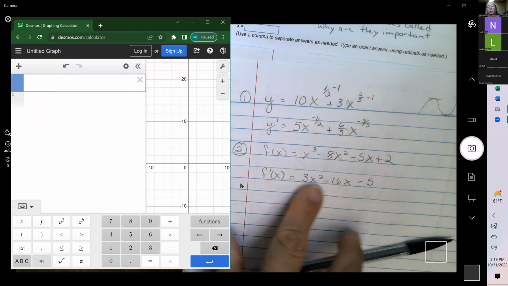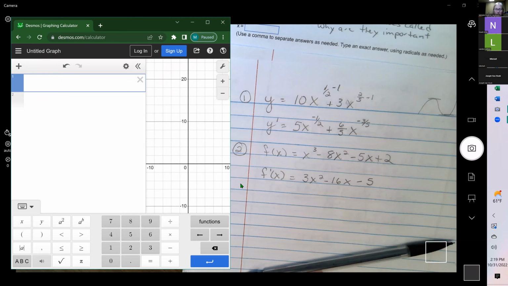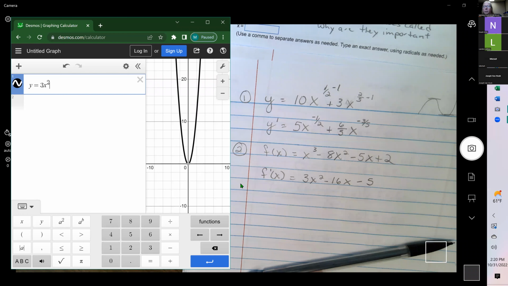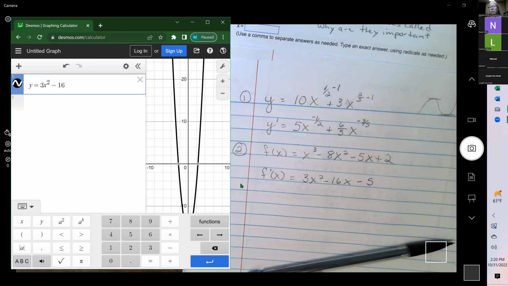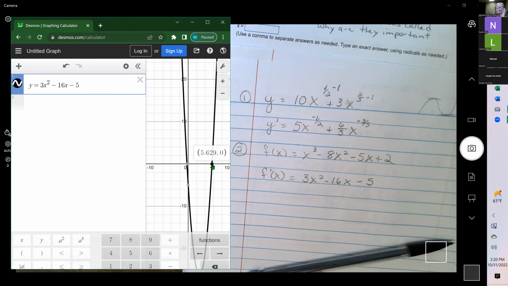So we would type in our derivative, y equals 3x squared minus 16x. And then you want the 2 intercepts.